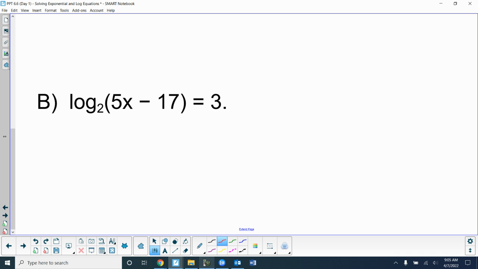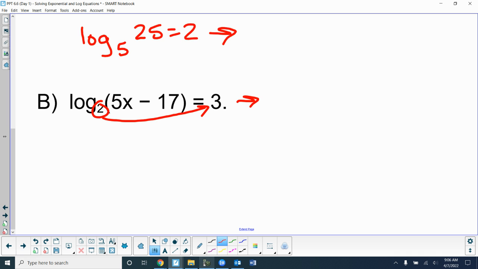Now, this one isn't the same type. But what is this problem in exponential form? Did it last week. You guys did really well. Remember we had log base 5 of 25 equals 2.